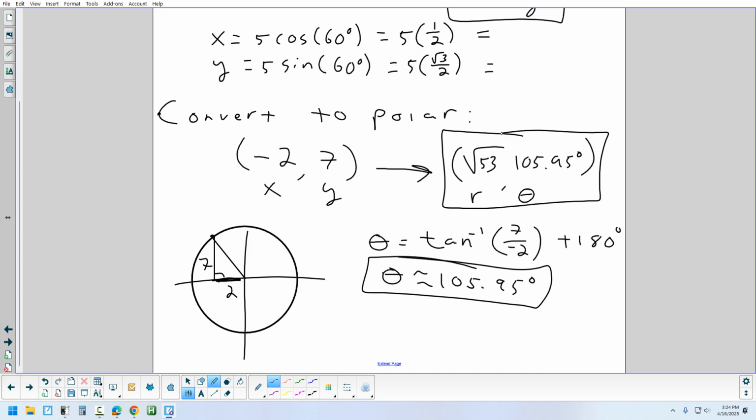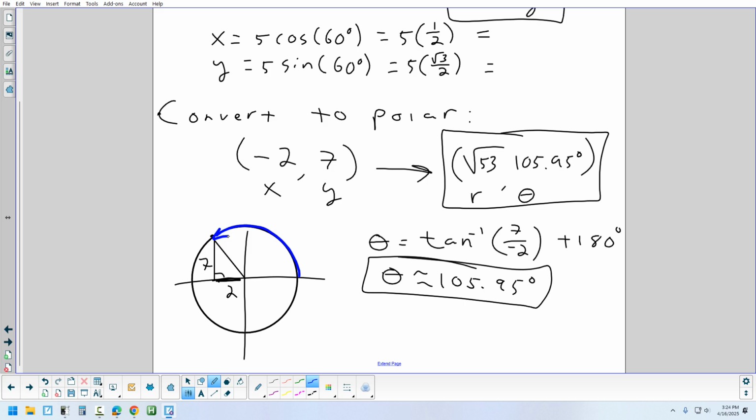Remember, there are 4 different ways you can write that point. Another way, instead of going 105.95, what could we do to the 105.95 to get another answer? Subtract 180?